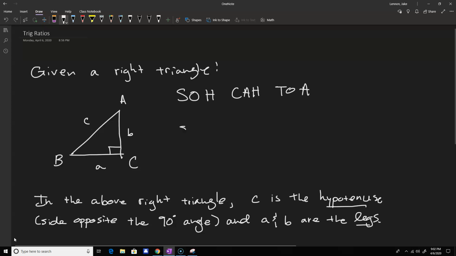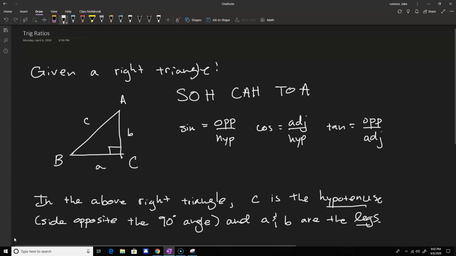And what that means is the sine of some angle is the opposite over the hypotenuse. The cosine is the adjacent over the hypotenuse, and the tangent is the opposite over the adjacent.